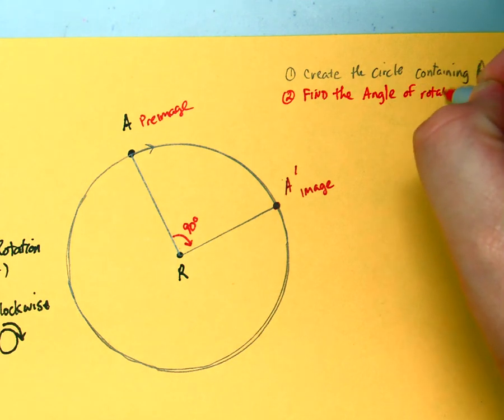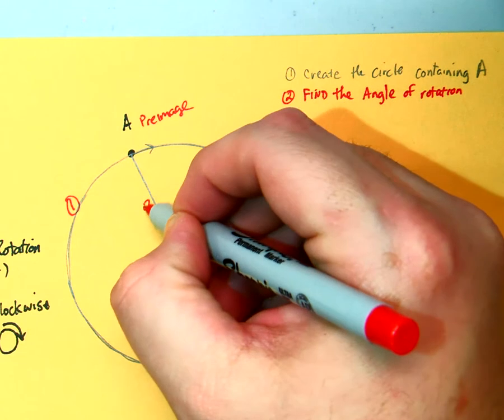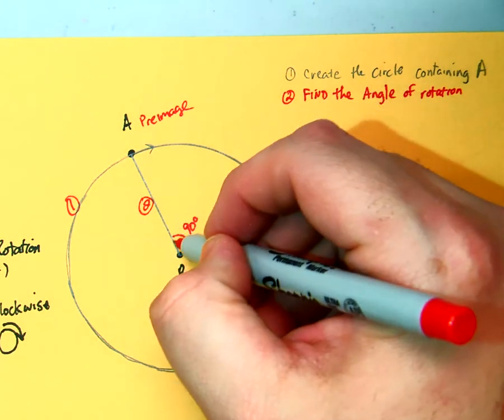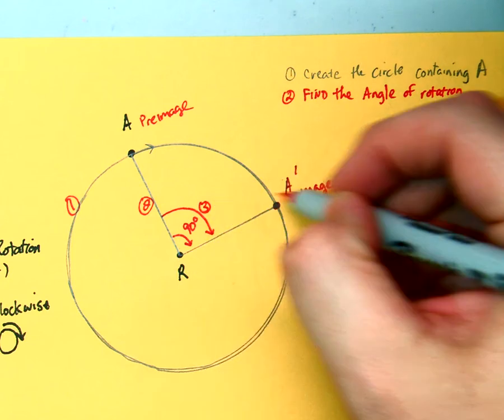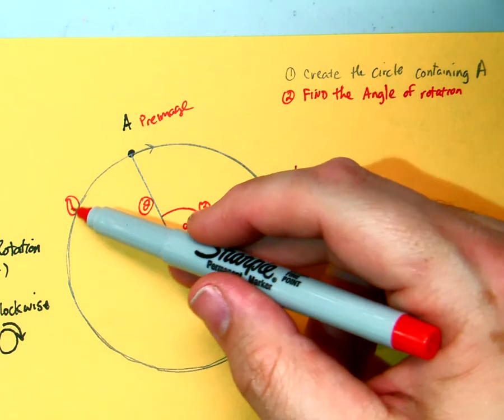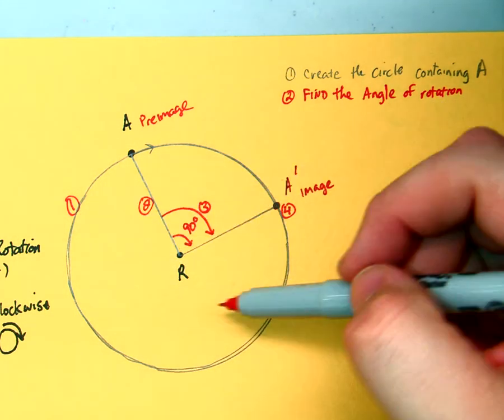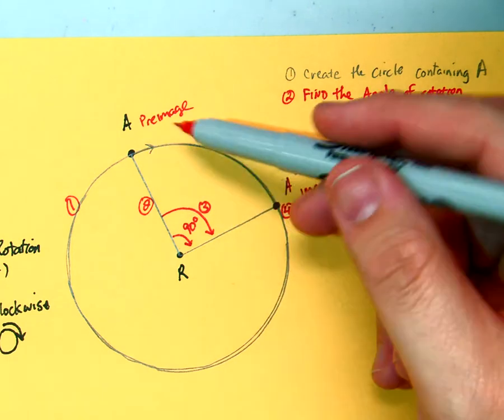So like this would be step 1, drawing that would be step 2, figuring out the angle here would be step 3, and then coming up with this guy would be step 4. So 1, draw the circle around using R as your center. The circle goes through the point. Step 2 is to draw your radius.